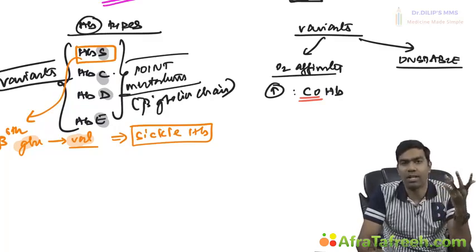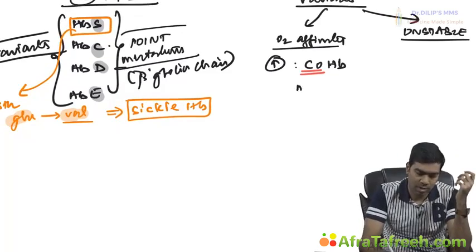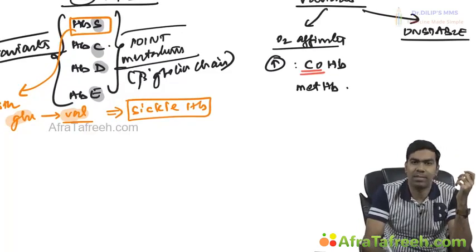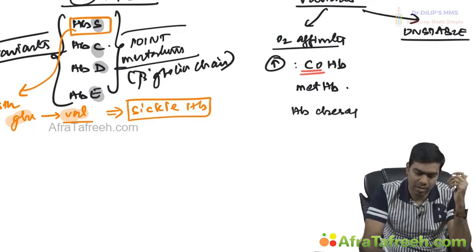This is a high affinity mutant. Then you have methemoglobin, which again has a very high affinity. At the same time, for example, HbChesapeake is there.